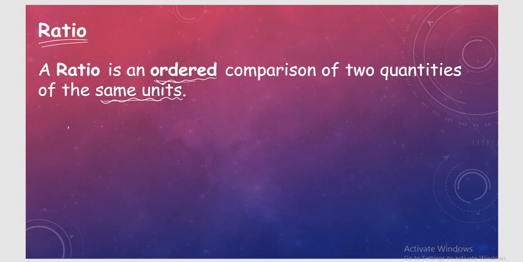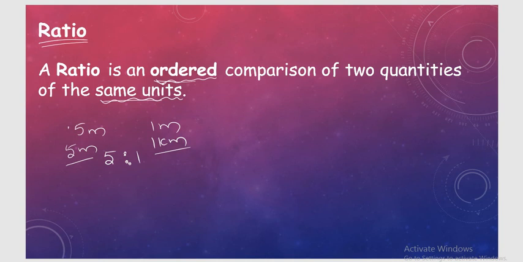So if I say 5 meters and 1 meter, then the ratio between them we can say is 5:1, right? Whereas if I say 5 meters and 1 kilometer, can you compare these two quantities? We cannot directly compare quantities which are in different units.